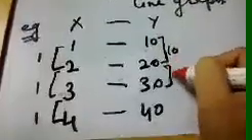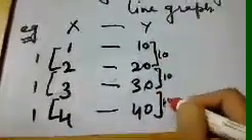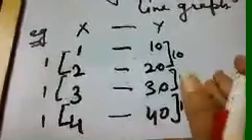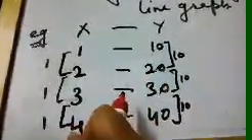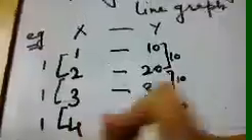And if we look at the y variable, what is the type of change? You could say that the difference over here is 10, and we may note that the change is equal every time. The x variable is increasing by 1, and the y variable is increasing by 10 every time.